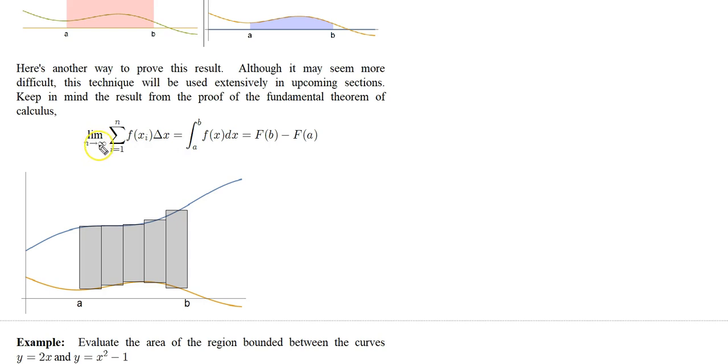Recall that if we look at the limit of the summation of f of xi times delta x, this quantity, in the limit as n goes to infinity, is equal to the area bounded between the graph of f and the x-axis for x between a and b, and by the first fundamental theorem of calculus is equal to the definite integral from a to b of f of x dx, which, recall, is the antiderivative of f evaluated at b minus the antiderivative of f evaluated at a. This is just a statement of the fundamental theorem of calculus.